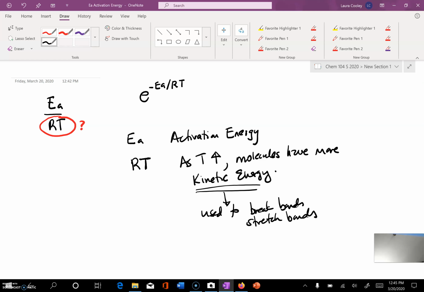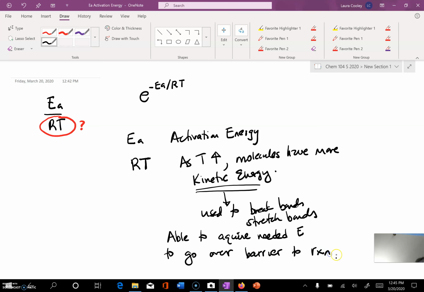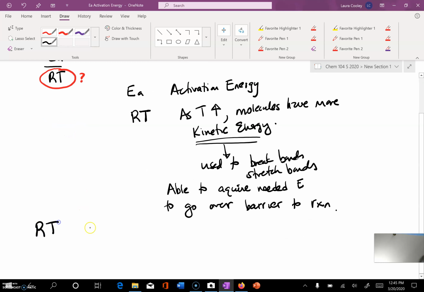So as the temperature goes up and molecules have more of this kinetic energy, they are able to acquire the needed energy to go over the barrier in the reaction. So RT can be thought of as some kind of measure of the available energy that a molecule has, or that molecules have.